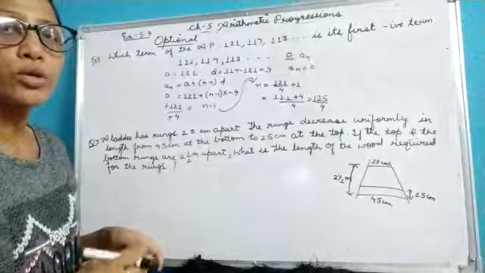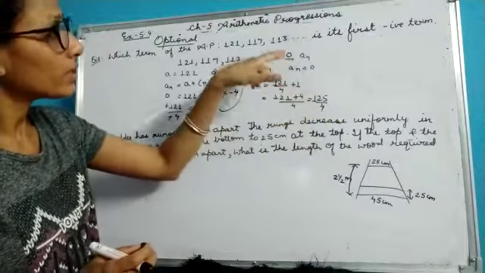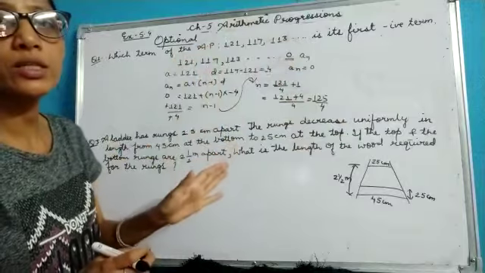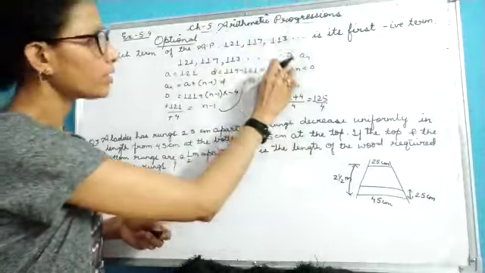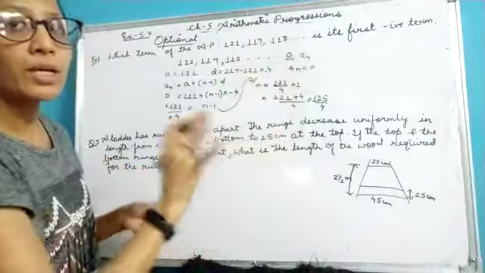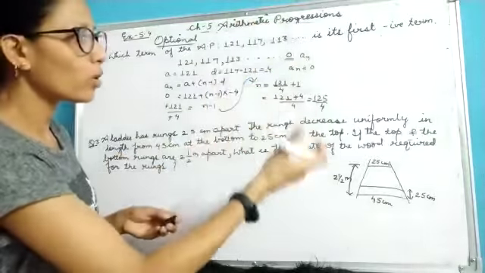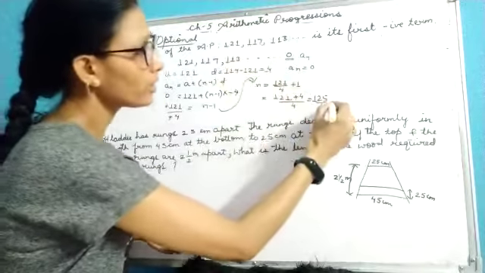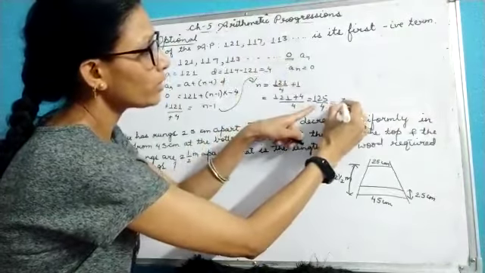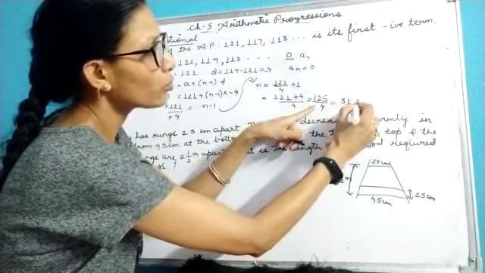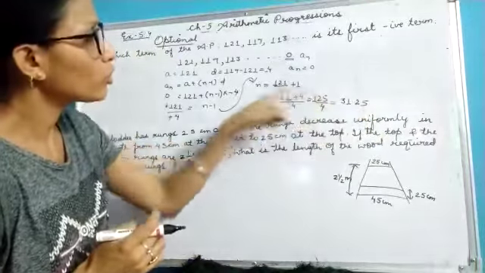Now children, I told you, whenever you get n in fractional form, that means that value will never exist in the given AP. That means 0 will not be a term of this given AP. But then I can find out, suppose this 0 exists, then at what term it exists. So let's divide this. 4 3s are 12, 4 1s are 4, 4 2s are 8, and it gives me 31.25, which is not possible.